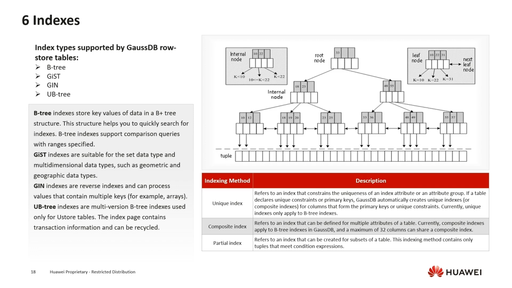Gist indexes are suitable for the set data type and multi-dimensional data types, such as geometric and geographic data types. Gin indexes are reserved indexes and can process values that contain multiple keys, like arrays. UB-tree indexes are multi-version B-tree indexes used only for UStore tables. The index page contains transaction information and can be recycled.